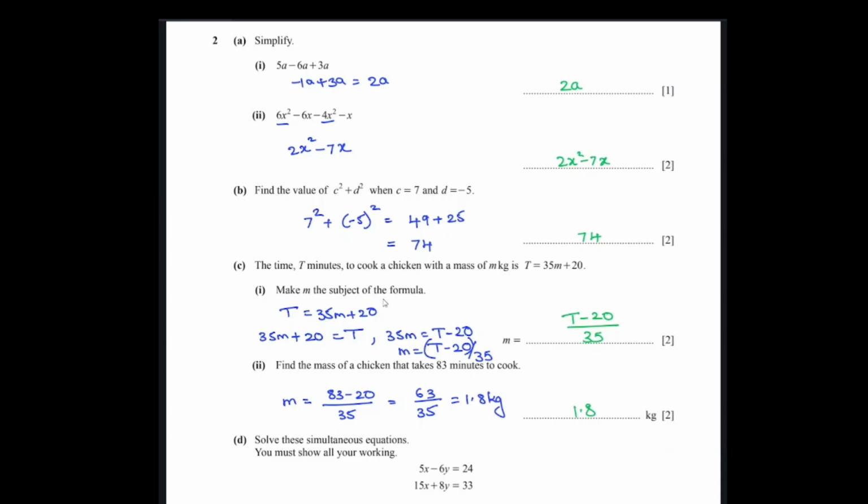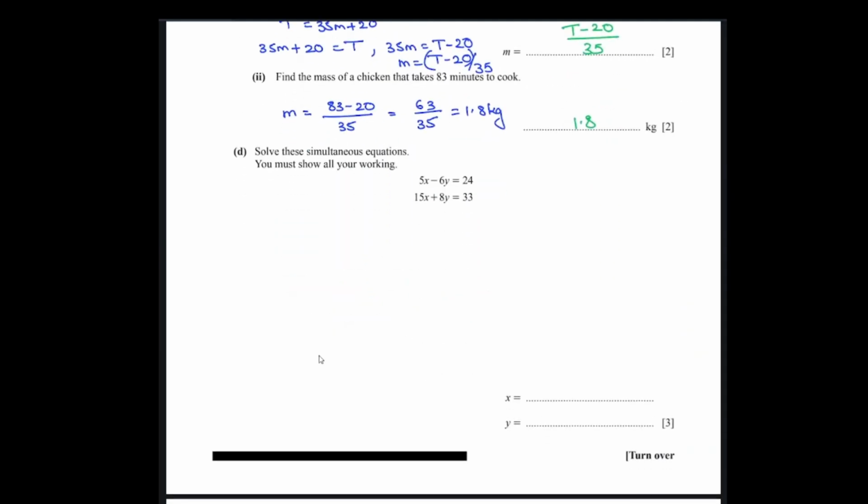Question number D. Solve these simultaneous equations. You must show all your working. We need to solve the equations here. So I'm using the elimination method. When using the elimination method, you first have to decide which variable to eliminate.